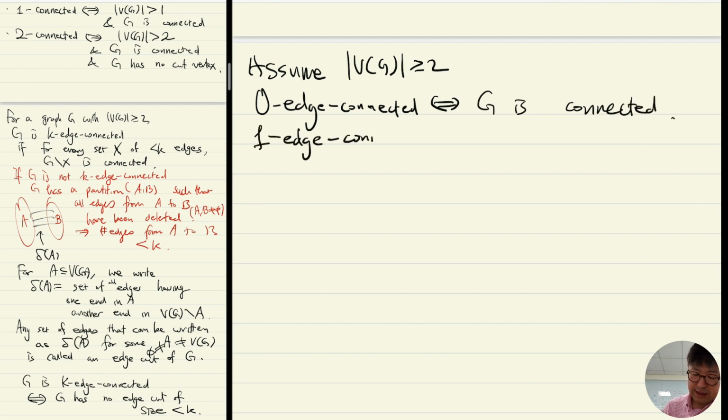What about one edge connected? Now the graph is connected, and if you delete any edge, the graph stays connected. And such an edge is called a cut edge.